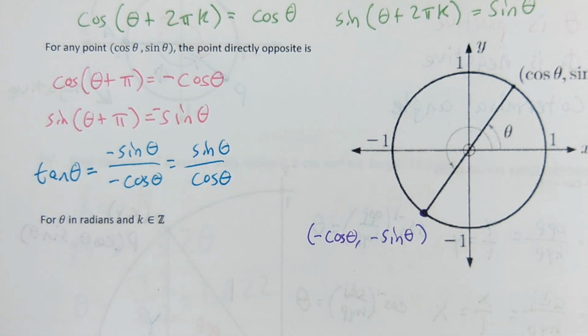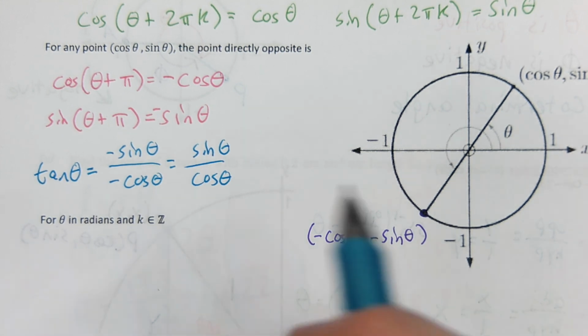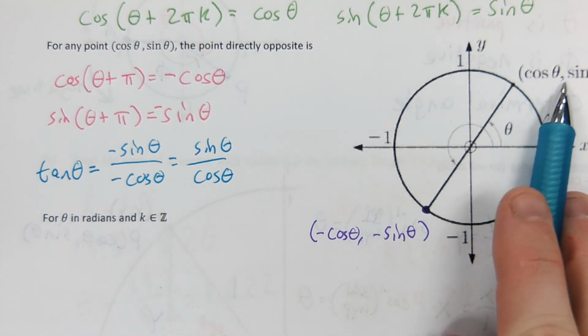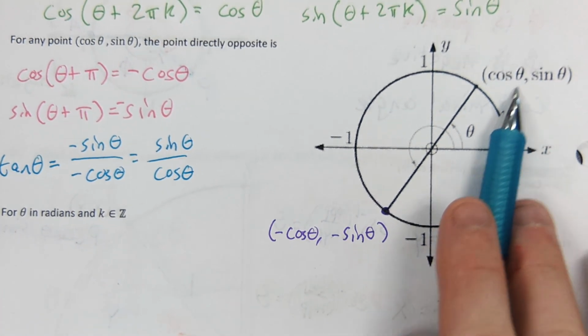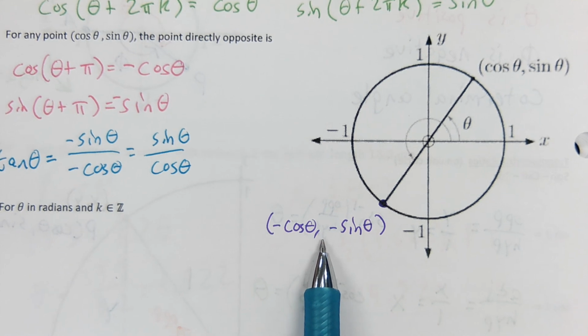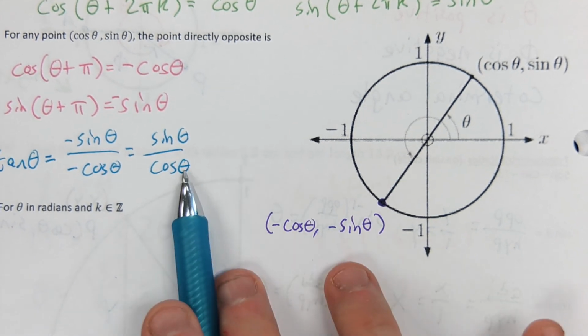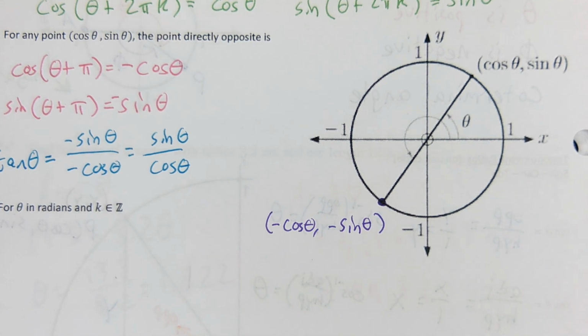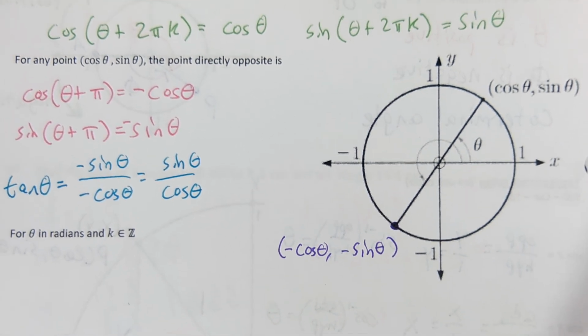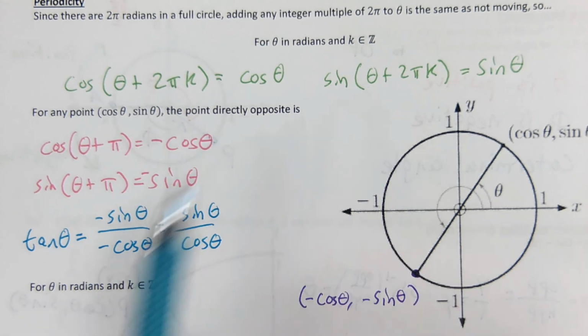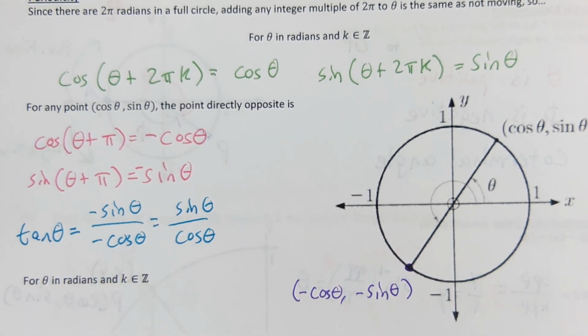Isn't that interesting? Going half a circle did absolutely nothing to tangent, because here tangent was sine theta over cosine theta, and here pi radians later tangent was negative sine theta over negative cosine theta, which is still sine theta over cosine theta. For sine and cosine, going the full circle was the same as doing nothing.